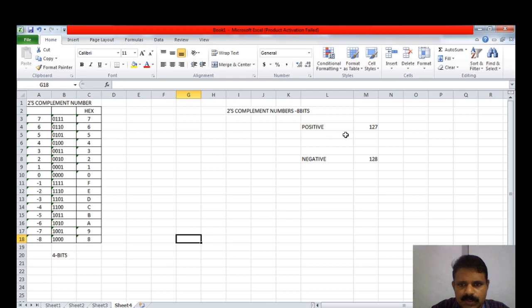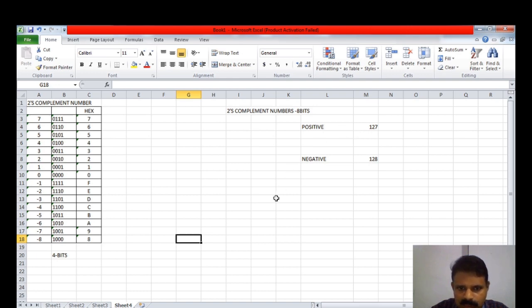The maximum positive number is 127, and the minimum negative number we can represent using 8 bits is minus 128. So our range is minus 128 to plus 127.